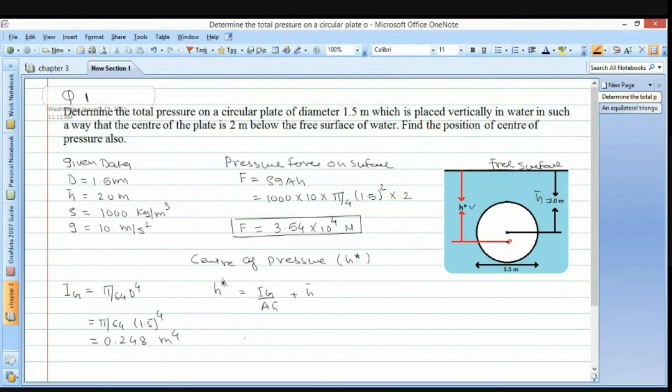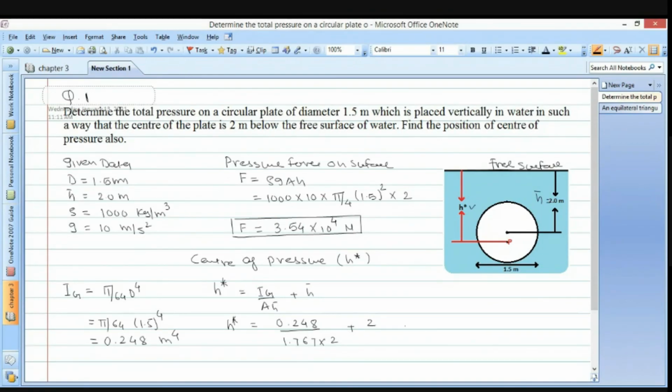Now I put the value of Ig over here, that is h-star equals 0.248 divided by the area, that is pi by 4 d square, which is 1.767, into the height, that is 2 meter, plus h-cut, which is again 2.